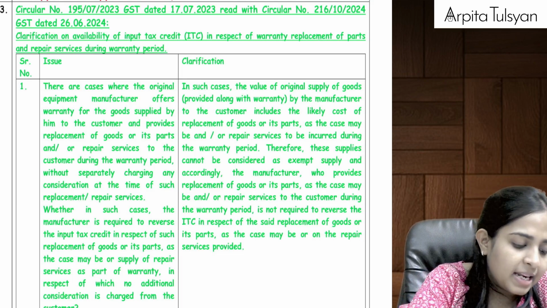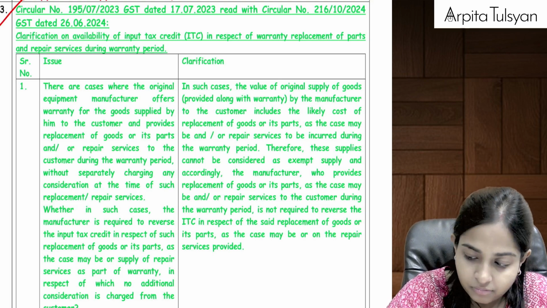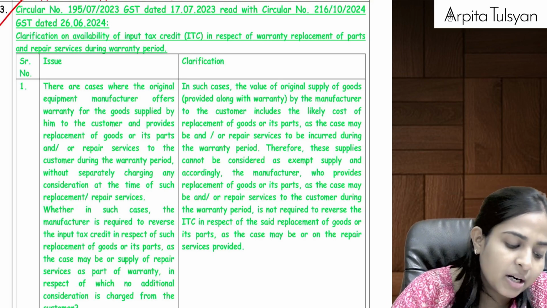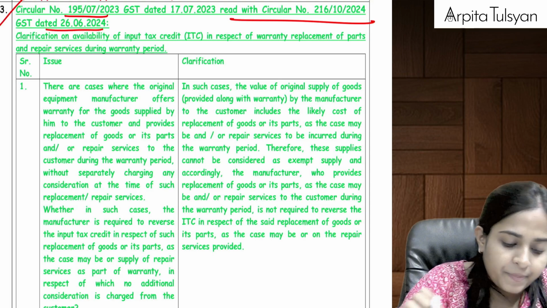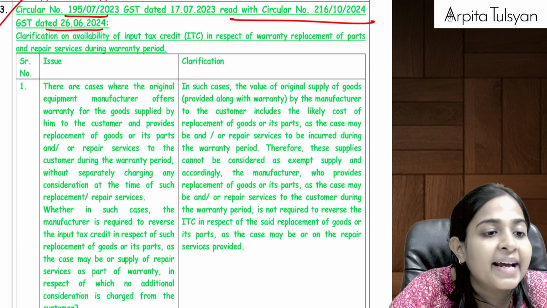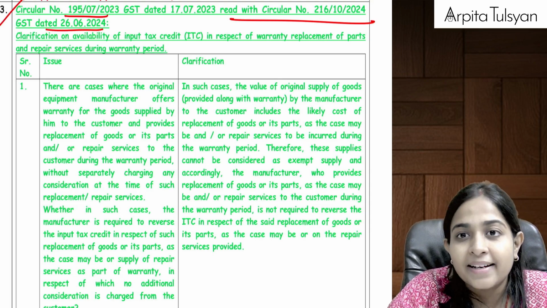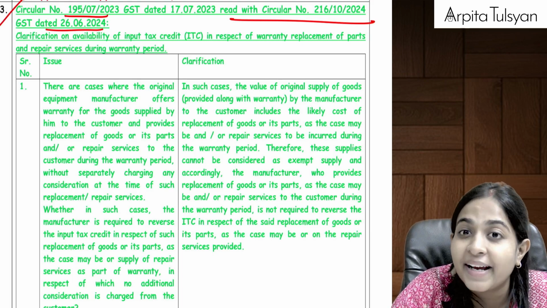Now let's go to the next one, everyone. Circular number 195/7/23, read with this new circular. Do you recollect when we were doing the amendments of supply under GST? Supply under GST, there was a circular relating to free warranty, repairs and replacement.